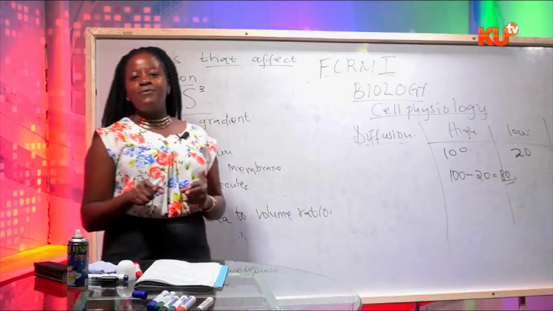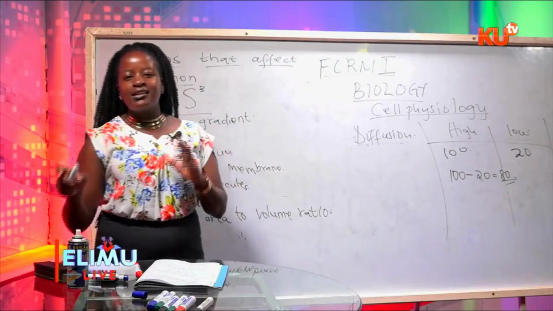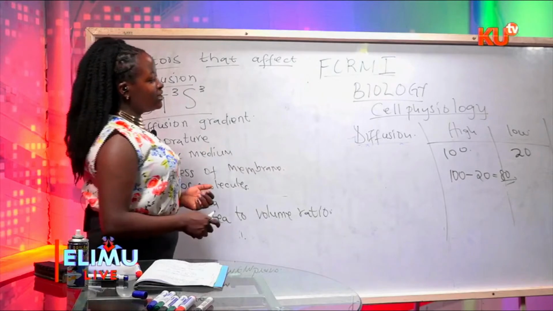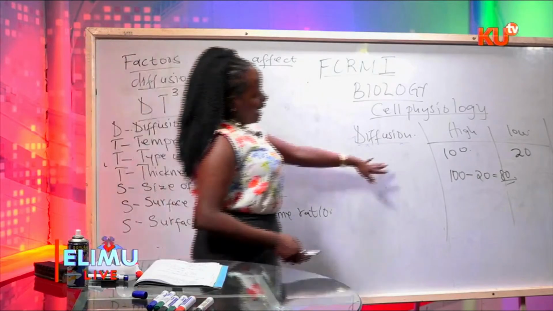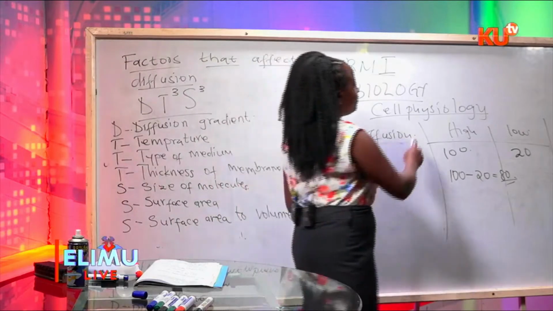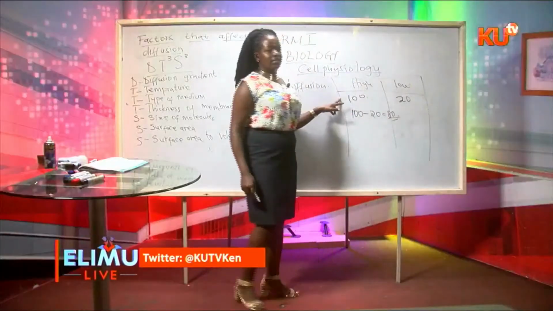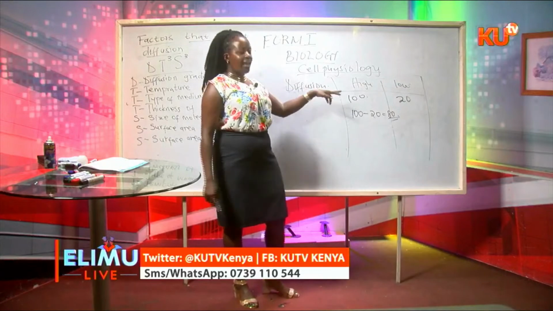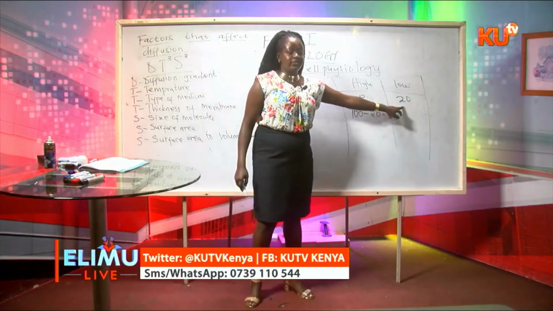And when the difference is low, the rate of diffusion will be low. We can demonstrate that. We had this small table here showing how particles are in the region of high concentration and in the region of low concentration.